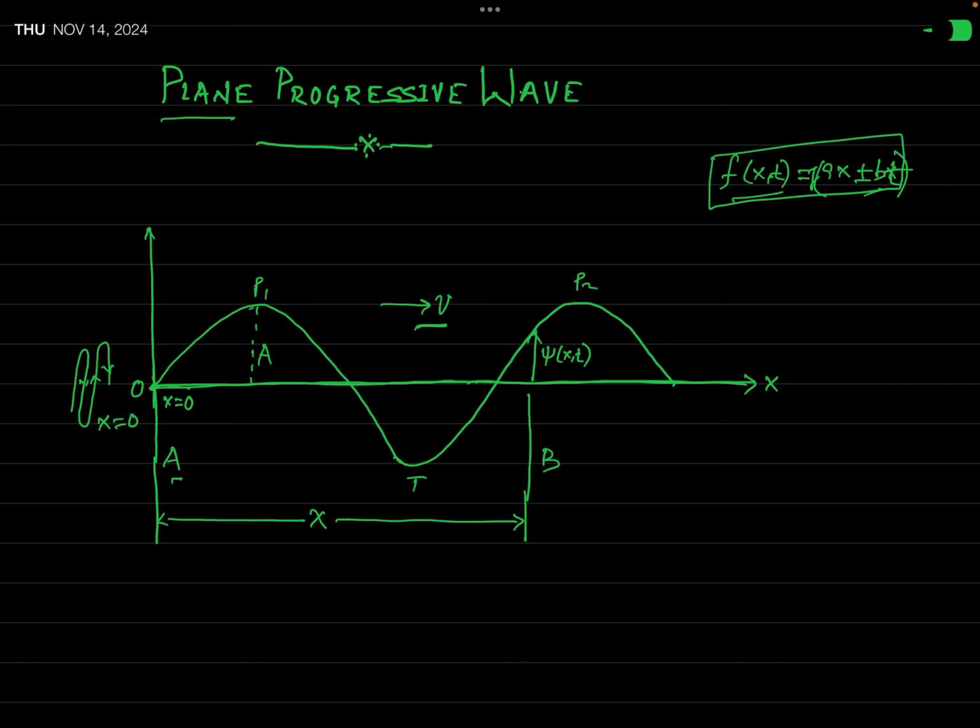And to obtain the wave equation for one-dimensional plane waves, let us consider that the harmonic wave is traveling in this medium with a velocity v, and we consider two planes. One is A and another is B, and A and B are separated by a distance x. Okay. Now let us assume that we create a wave at this point x equal to 0.